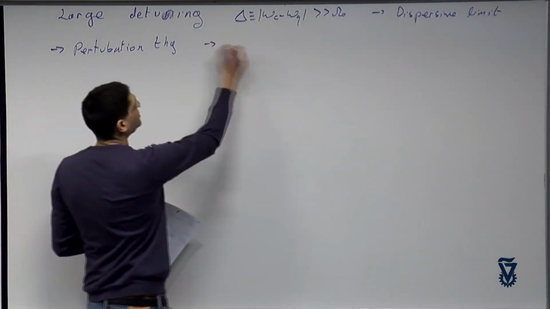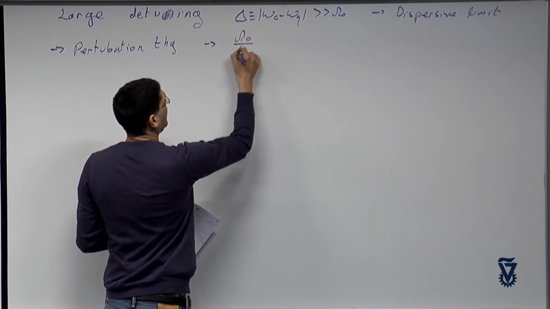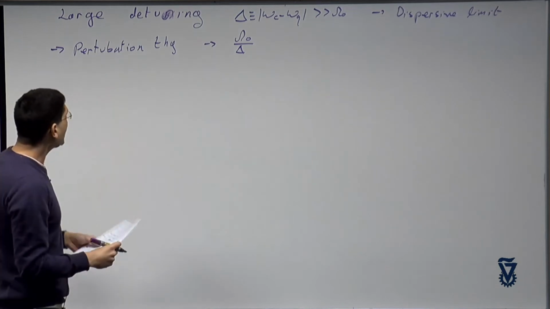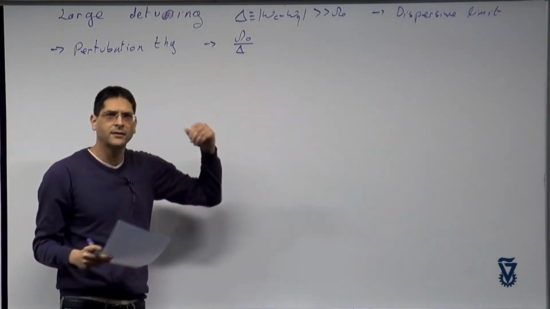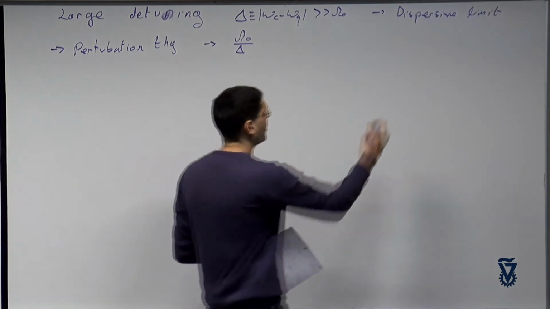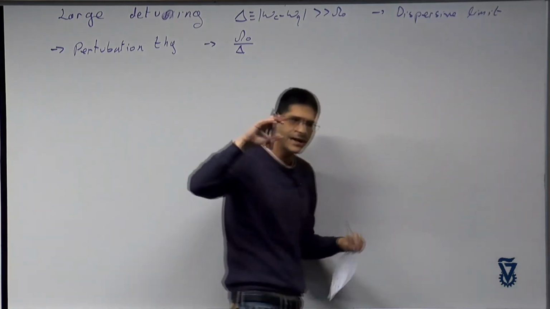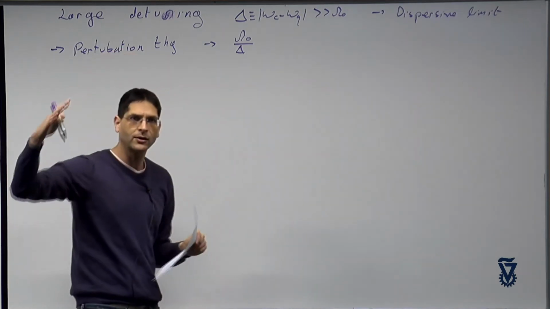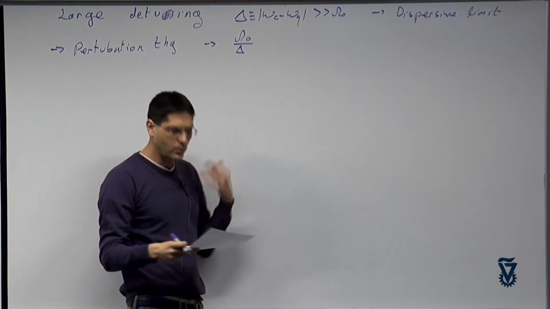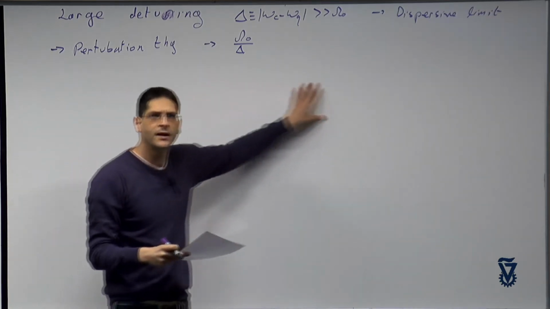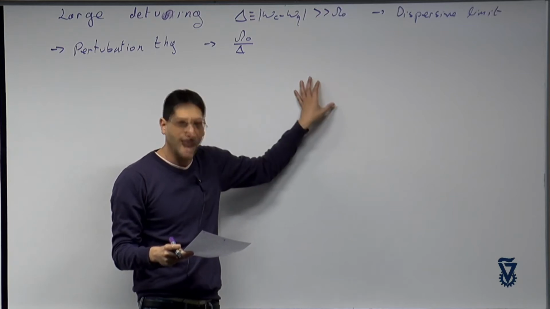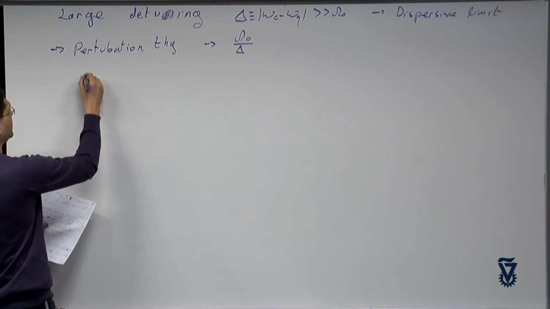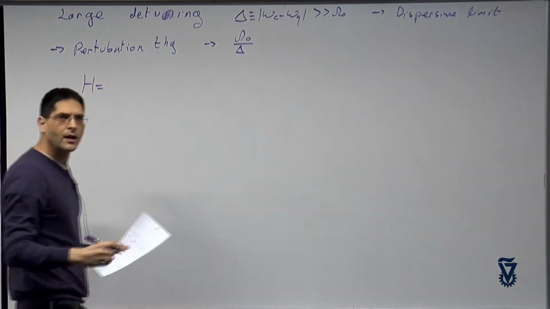We're going to do perturbation theory in the parameter omega naught over delta. This essentially is going to diagonalize our Hamiltonian. Remember our Hamiltonian is a dagger sigma minus plus a sigma plus, so these are off-diagonal terms. After the perturbation theory we'll have just diagonal terms. Our Hamiltonian has two parts.